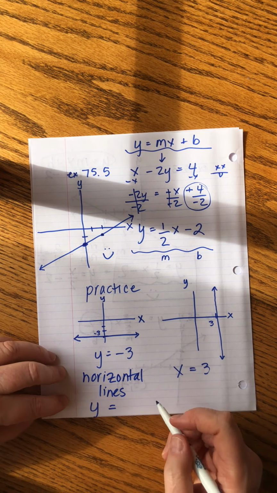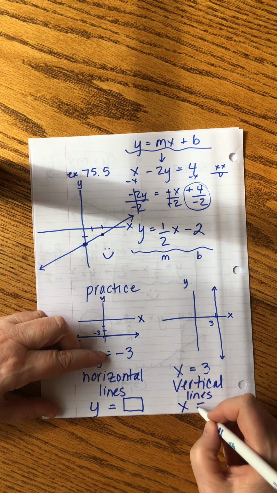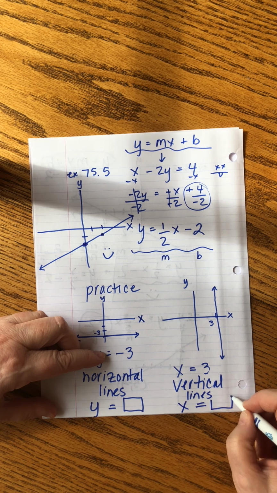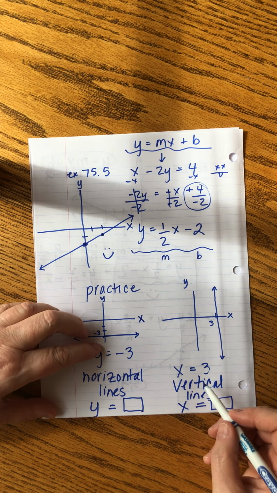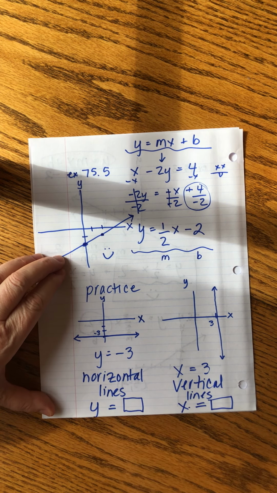When we have vertical lines, straight up and down, that's when it really goes haywire. Then the equation of that line will just be x equals whatever that value is. So vertical lines are x equals, horizontal lines are y equals. Those are the wild cards that John throws in every once in a while, and you do see them in your practice problems. So be aware of that.